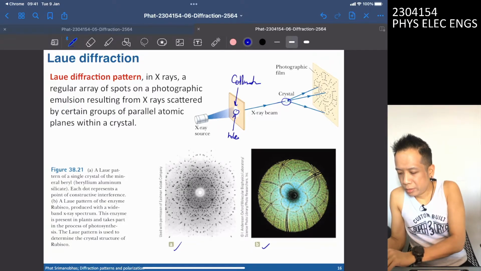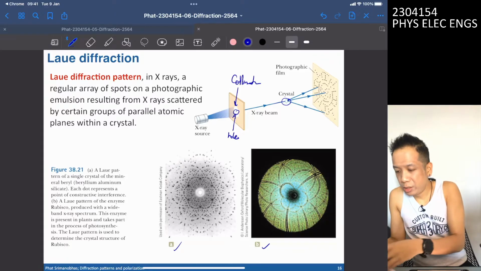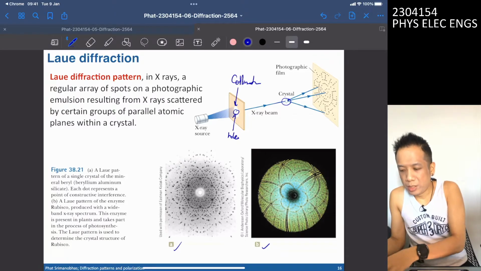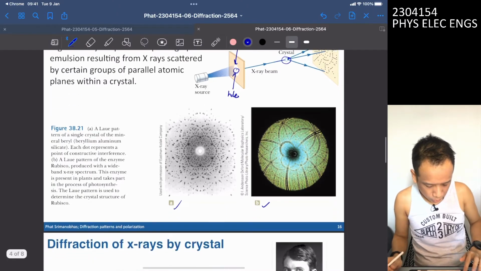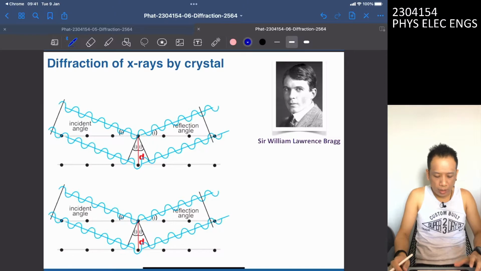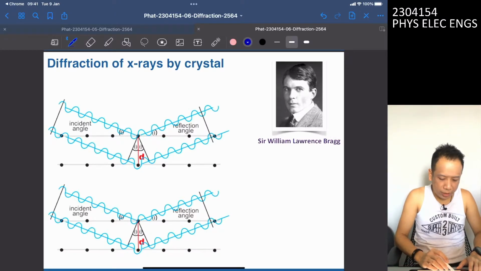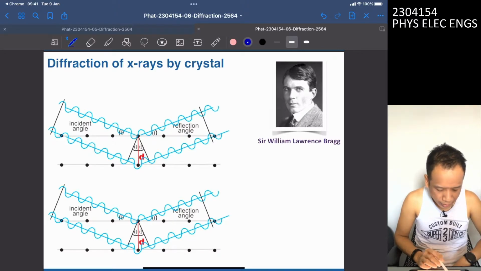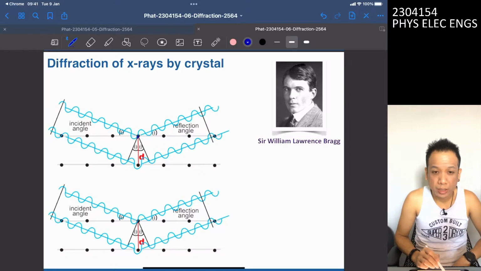And then we have another application of using X-rays. This is what we call the Bragg peak. Basically the concept is that when you shine the X-ray source, it radiates and goes to the atoms of the crystals, and then it reflects.